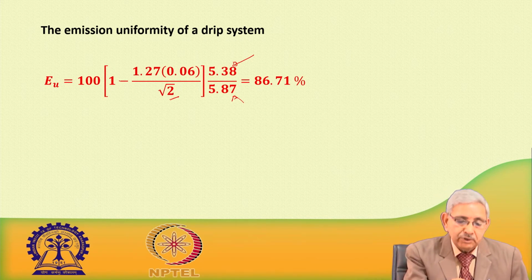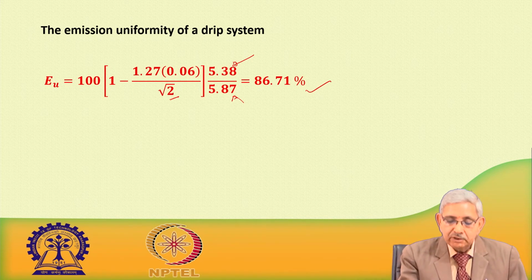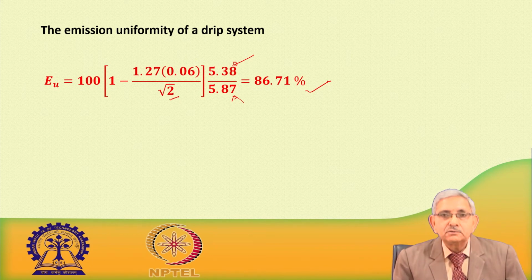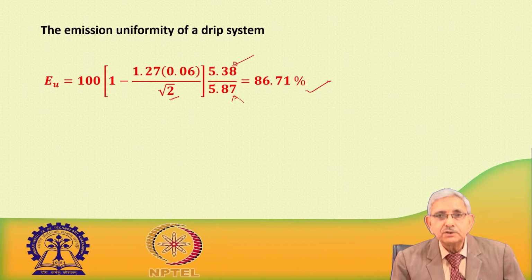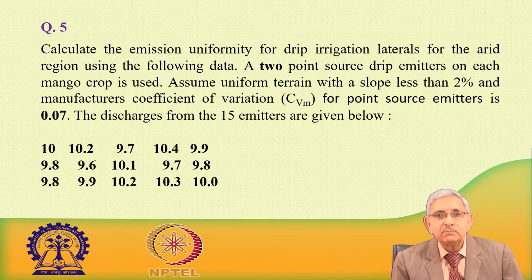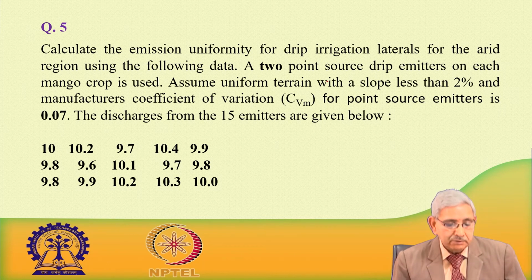When we calculate, we get the value as 86.71%. So, this is the answer for this question. This is within the permissible limit. So, these drippers which have been kept there are working nicely, and this is above 85%.